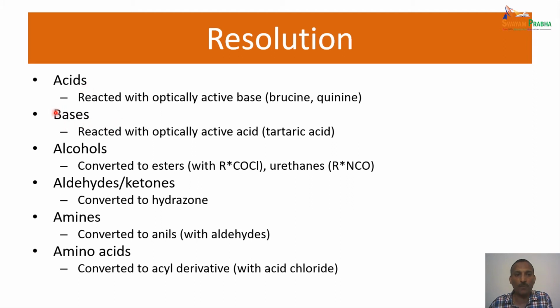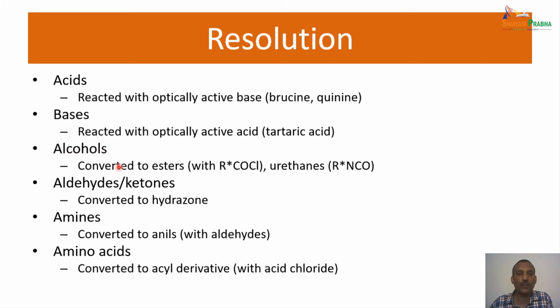And if it is a base which we have to resolve, what can we use? We can use tartaric acid, mandelic acid, and Mosher acid, various acids are there. They can be treated with bases, and they will form diastereomers that can be separated, and the pure base can be regenerated.